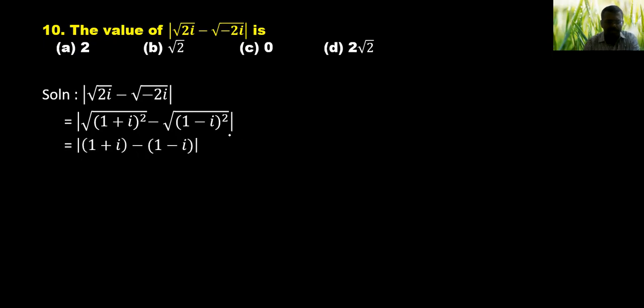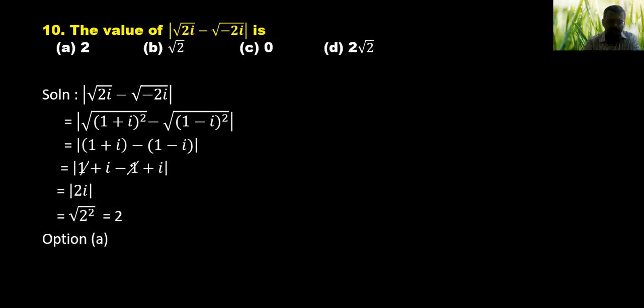Then root and square are cancelled. We get (1 plus i) minus (1 minus i). So when we simplify, we get mod of (1 plus i minus 1 plus i). Plus 1 and minus 1 are cancelled. We get mod of 2i. Mod of 2i is 2. So therefore, question number 10, option A is the answer.